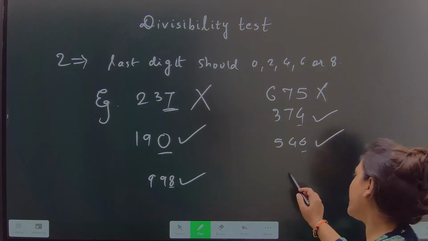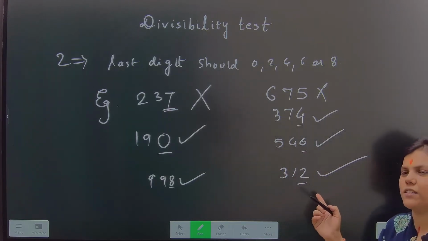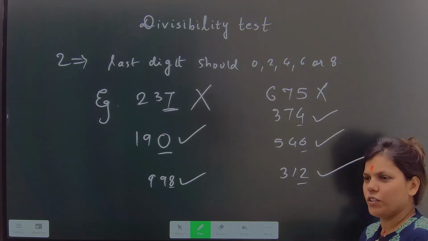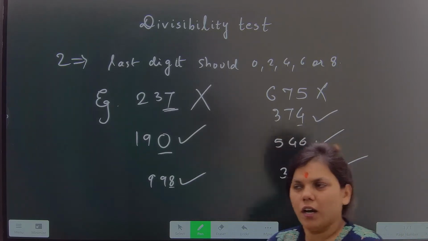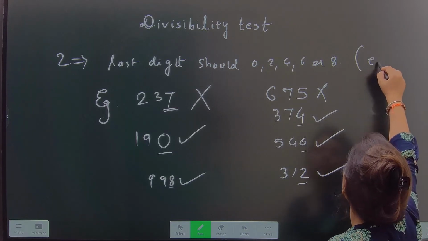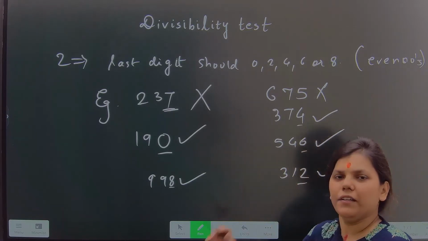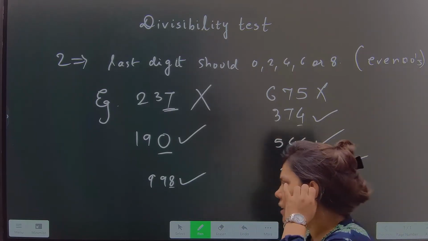Or another example, 312, this is also divisible because it has the last digit 2. So this is the divisibility test of 2. All the even numbers are divisible by 2, all the even numbers.